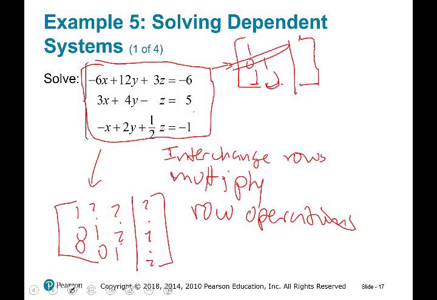Doesn't matter the order. The only thing is that you need to end up with a matrix in row echelon form. Okay, so let's just go through what they did here.